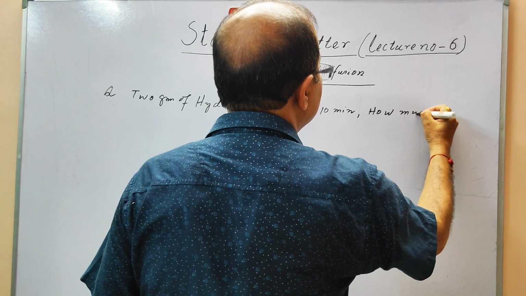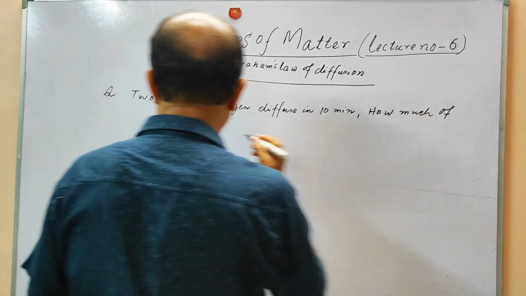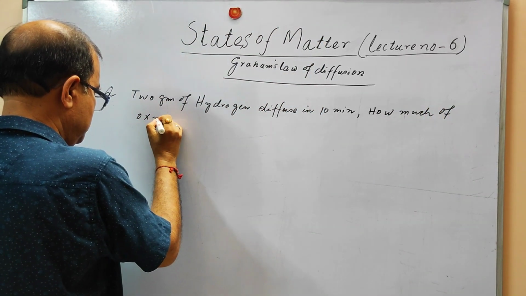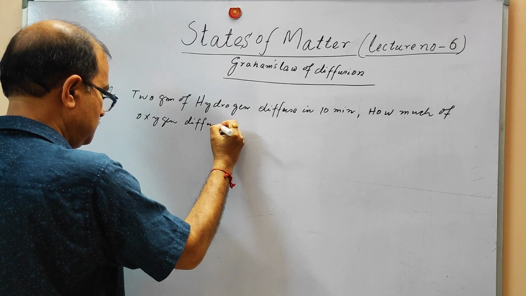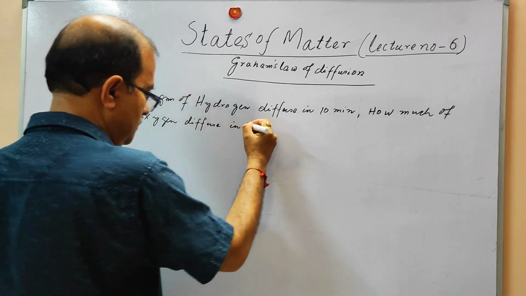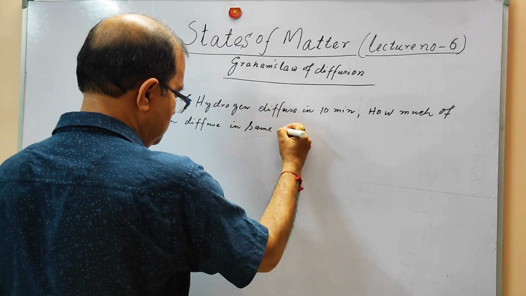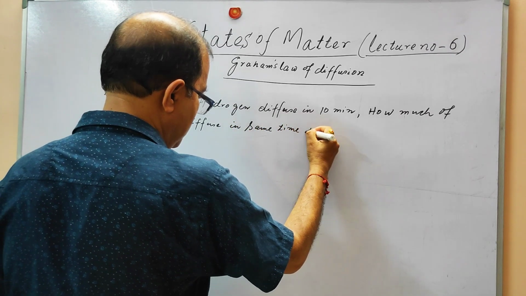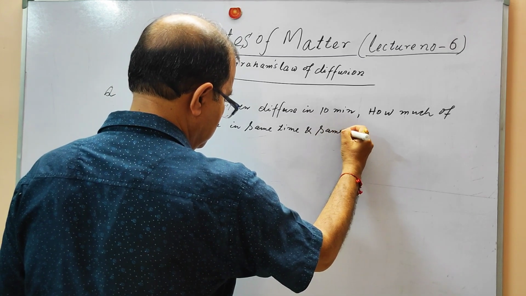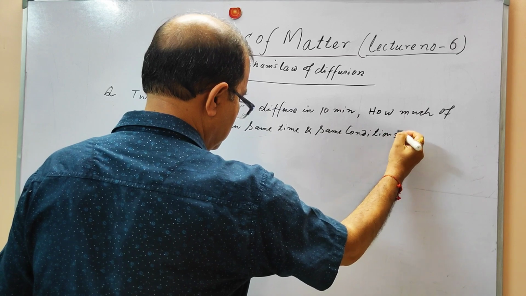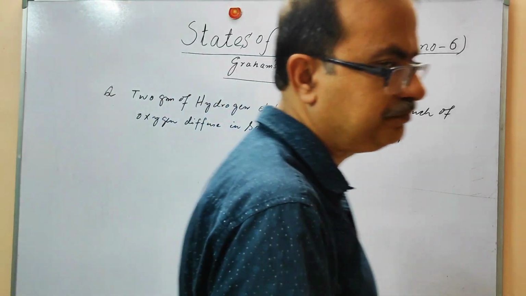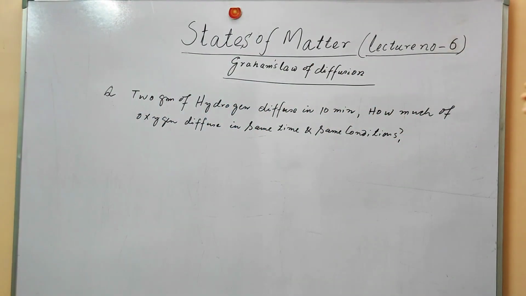How much oxygen will diffuse in the same time and same condition? This is the question. 2 grams of hydrogen diffuse in 10 minutes. How much of oxygen diffuses in the same time?